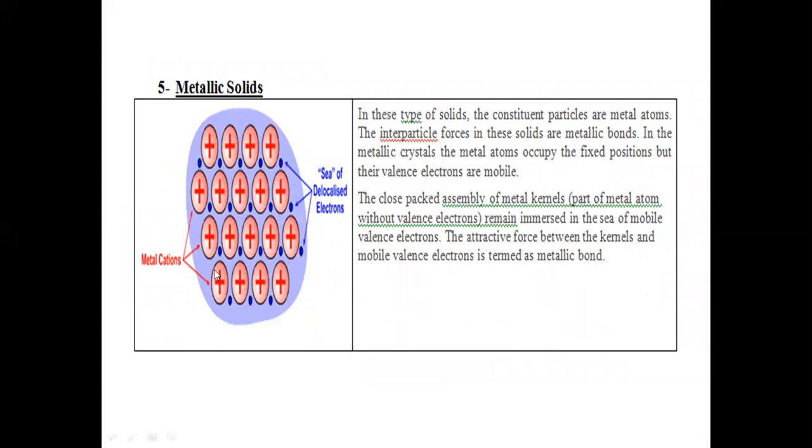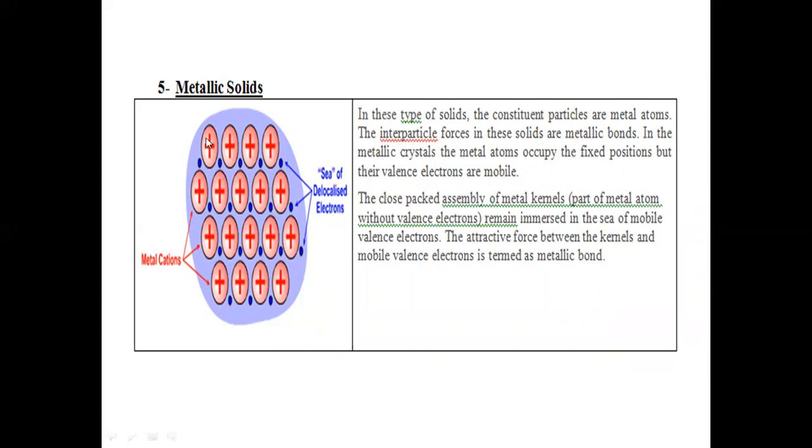Here is a small model that I tried to show you, the picture of a metal in its metallic form, in its rod-like structures. These positive charge structures are called kernels, and these are the electrons out of these.